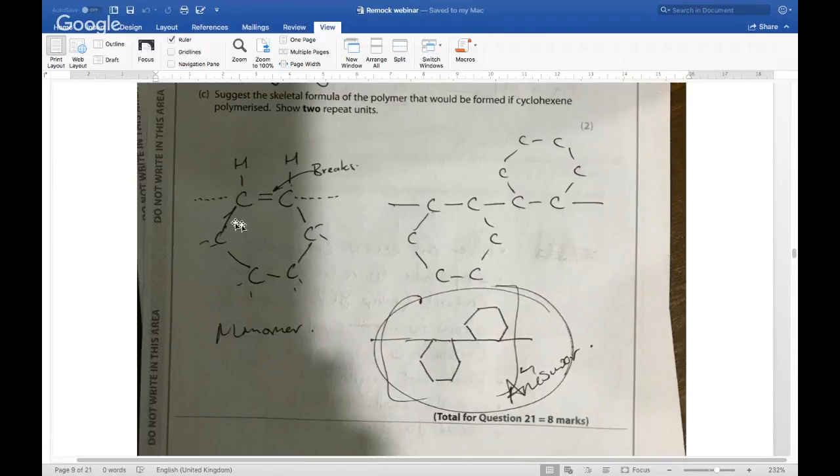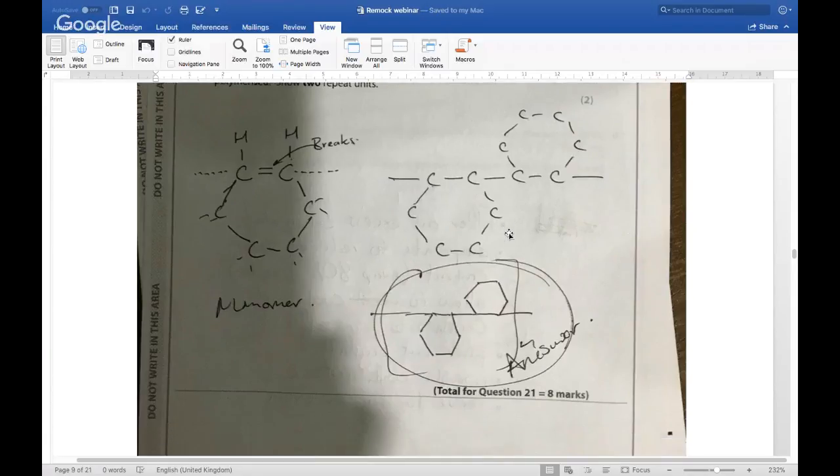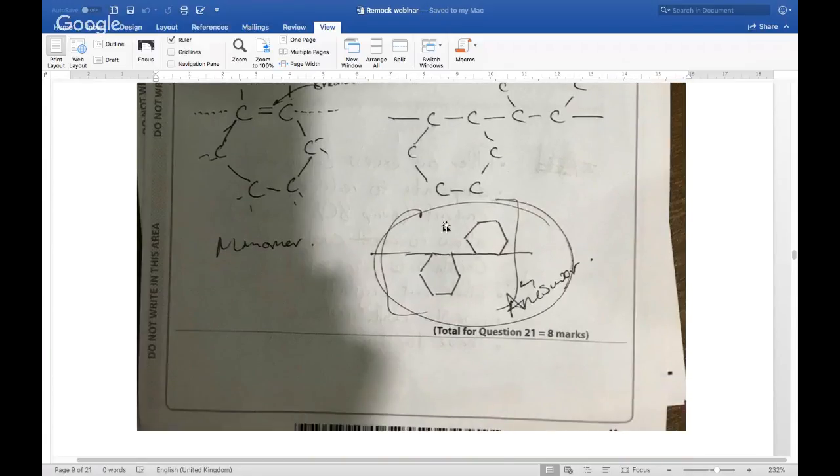Right, I tried to explain this because, guys, cyclics make no difference. You learned at GCSE that when you have your double bond, it breaks open and they string together. So I drew it as displayed without the H's, but then obviously had to translate that down into the skeletal.